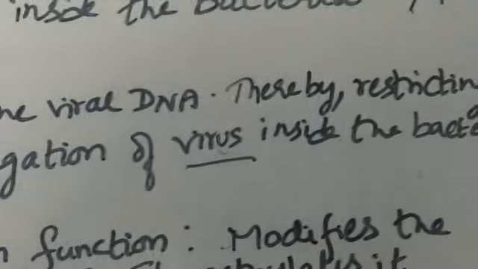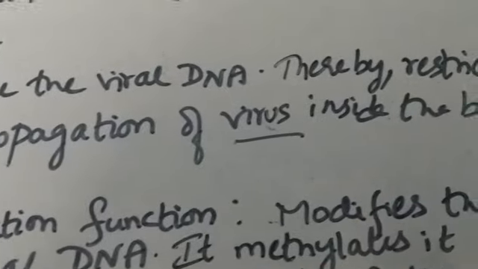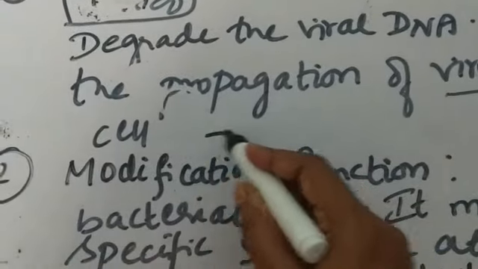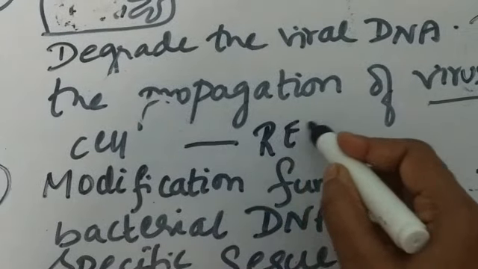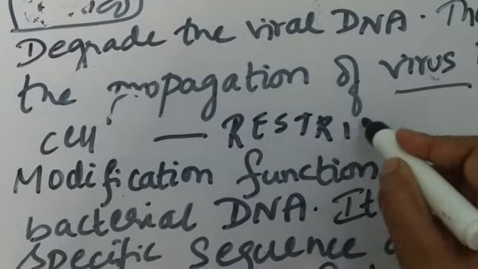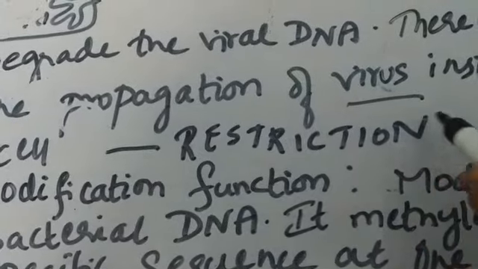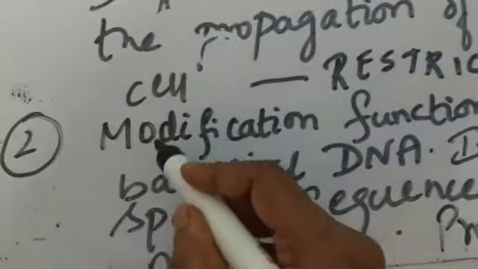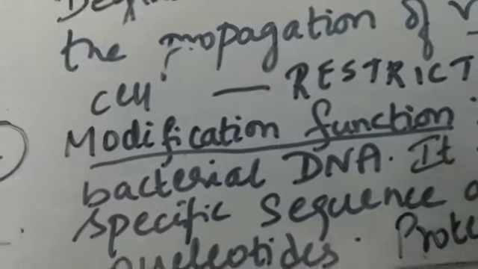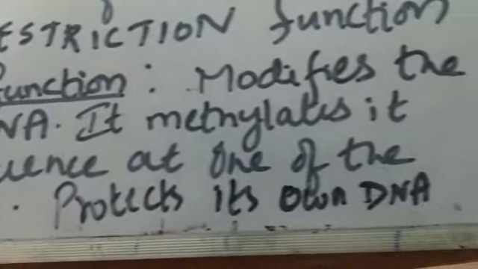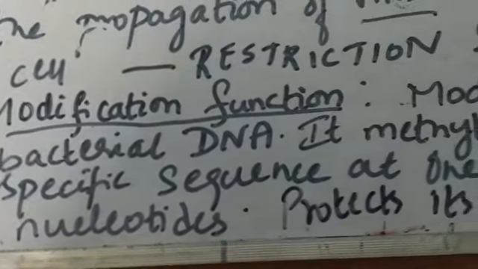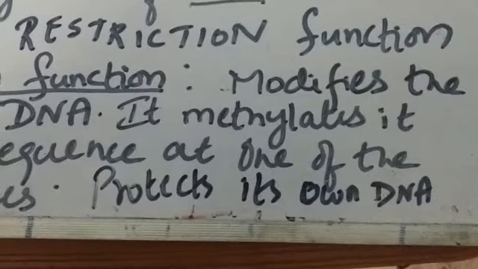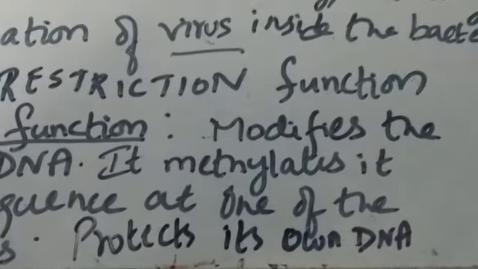One is restricting the propagation of the virus inside the bacterial cell by degrading the viral DNA. This is called the restriction function. And this is called the modification function, wherein its own bacterial DNA is getting modified in order to protect it from degradation.